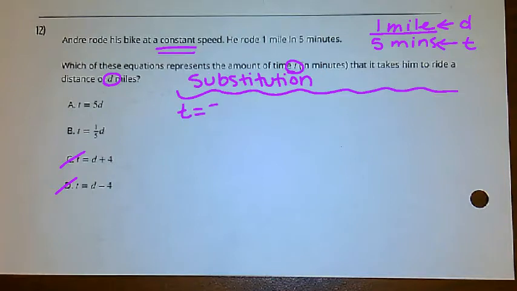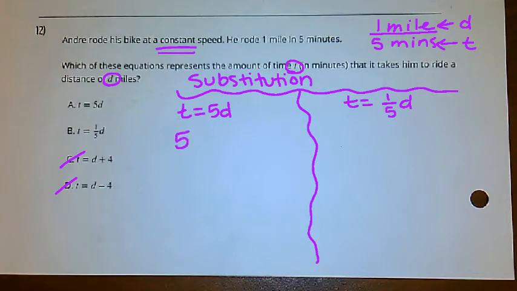So T equals 5D and T equals 1/5 D. So what you guys are going to see is I'm going to substitute in. So T should be 5 minutes, okay, and then D is 1. So all I did was I took each of these values, and let me just put my blue, okay, so 5 is right here, so I substituted in where I see T, and then D we see is 1, so I put it right in here, okay.